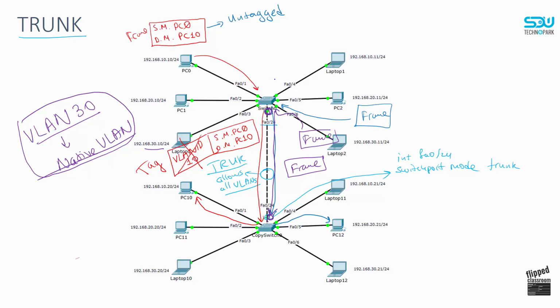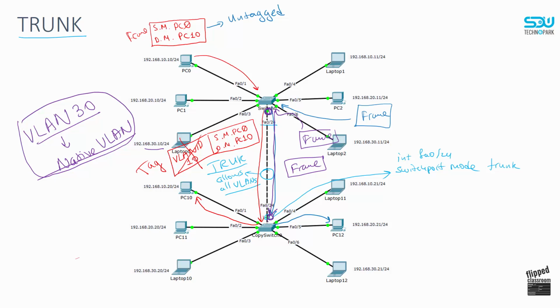If you configure one switch port as native VLAN 30 and another one as native VLAN, for example, 10, then when it sends information it thinks that this is VLAN 30, but the next switch will think that this is VLAN 10. So you will have some problems in the communication between these VLANs.